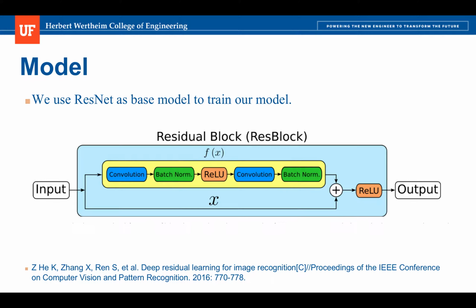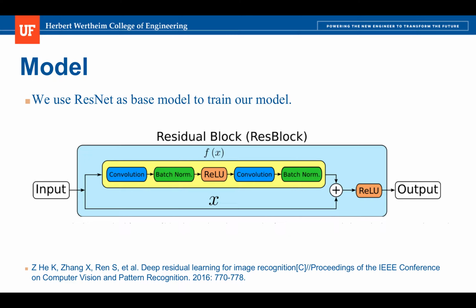When we design the model, we also refer to a popular framework called ResNet. It's a popular image classification model that appeared recently and won the best paper at CVPR. The central idea of ResNet is simple and elegant.